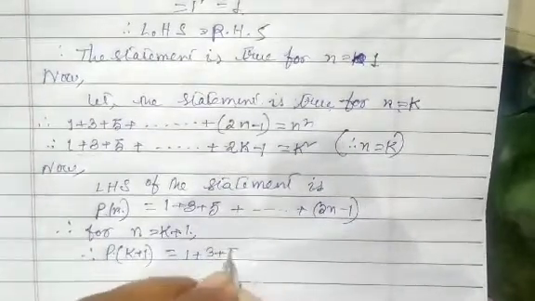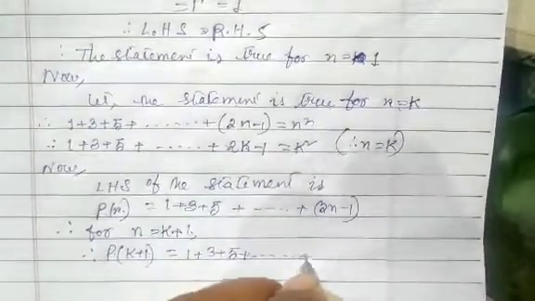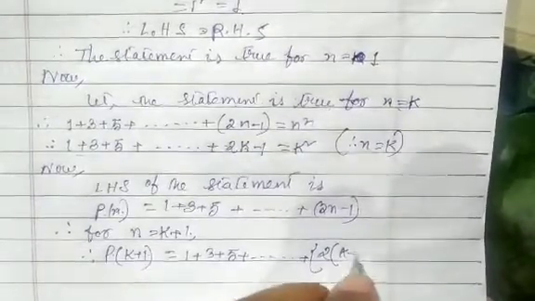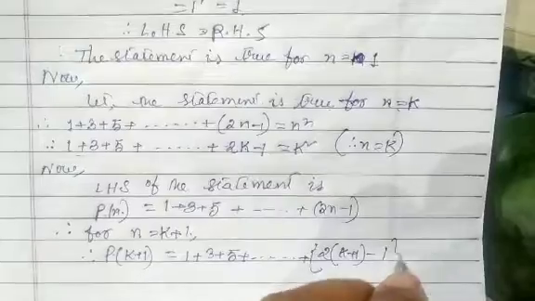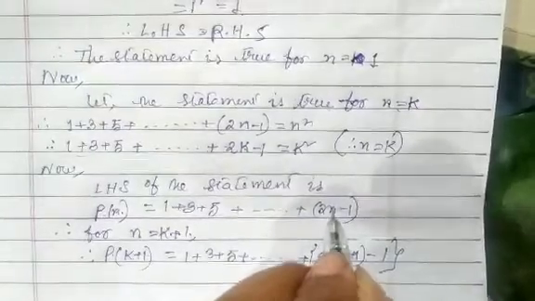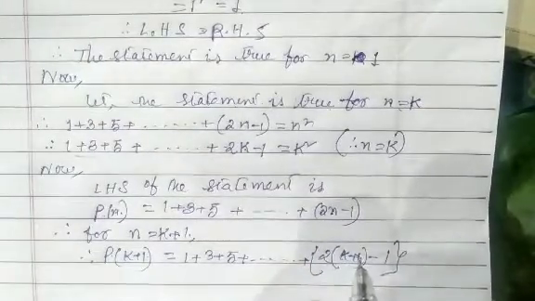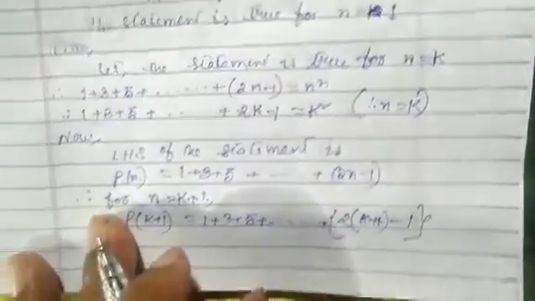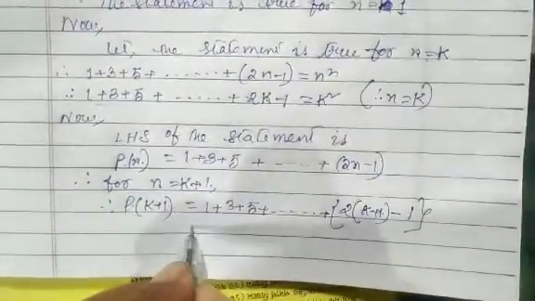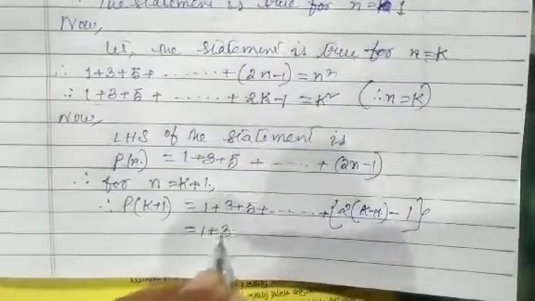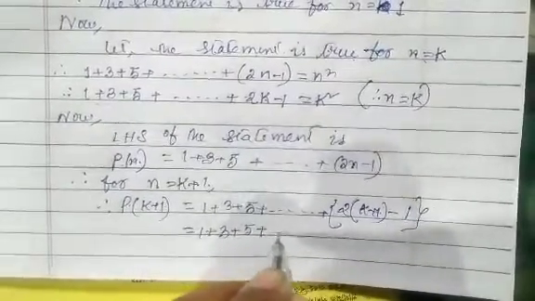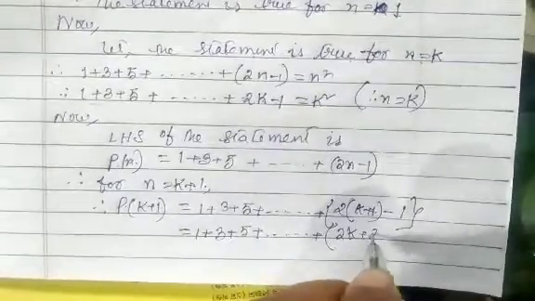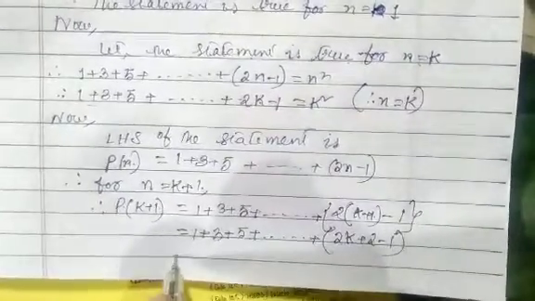So now put 1 plus 3 plus 5 plus dot dot dot plus, in place of n, k plus 1, that is, twice k plus 1 minus 1. Next, 1 plus 3 plus 5 plus dot dot dot plus twice k plus 2 minus 1.